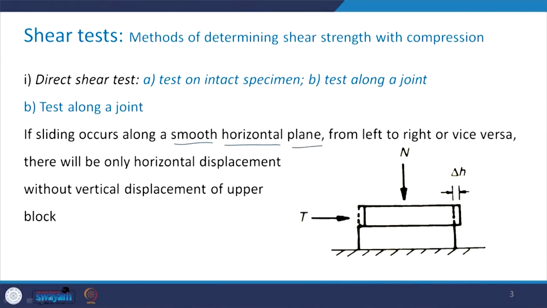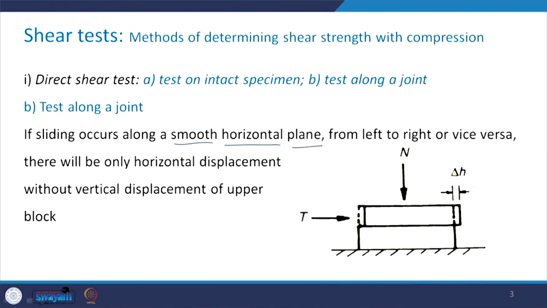As I mentioned, the joint surface can be smooth, wavy or rough. So, let us say the sliding occurs along a smooth surface which is also horizontal, that means the sliding is occurring along a smooth horizontal plane.